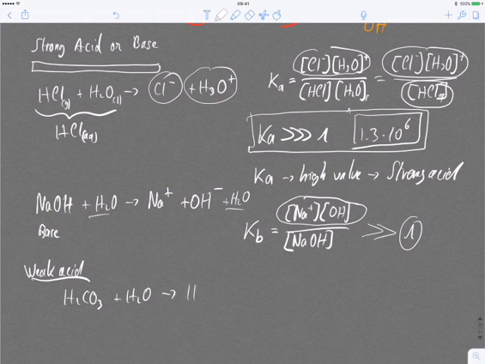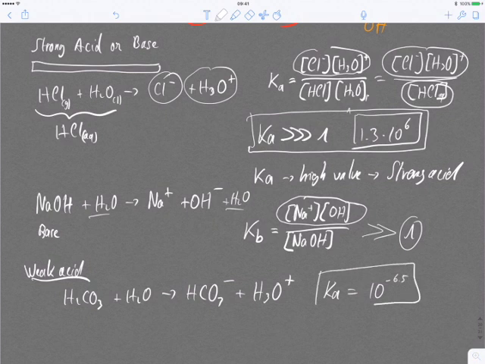It will give you HCO3 minus plus H plus, the hydrogen ion in this case. So in this case, the Ka will be equal to 10 to the power of minus 6.5 for 25 degrees C and 1 atmosphere.